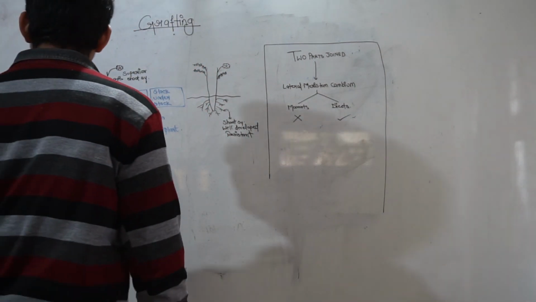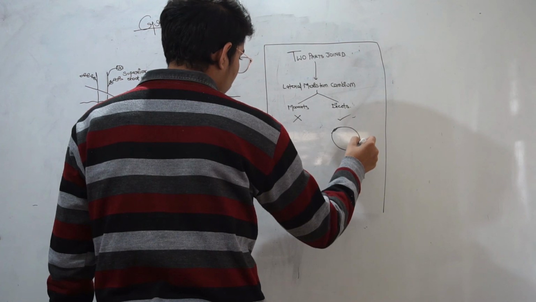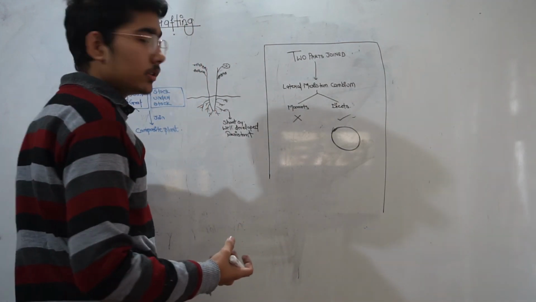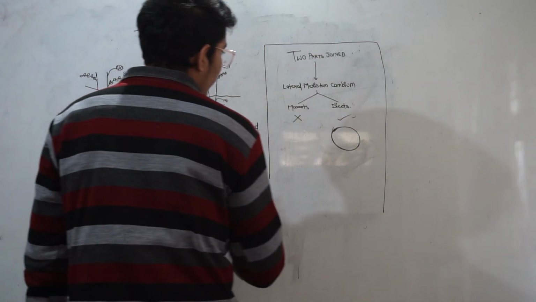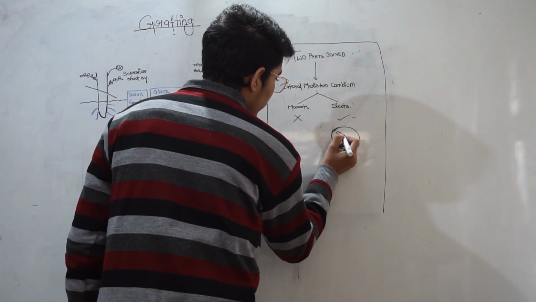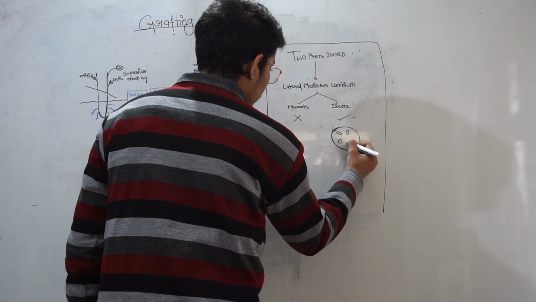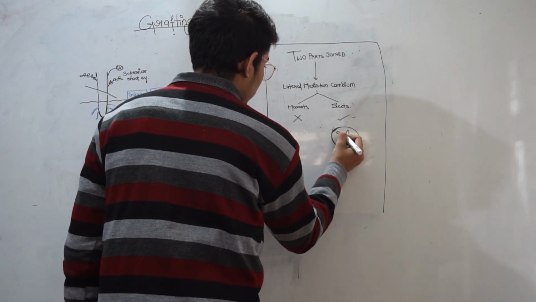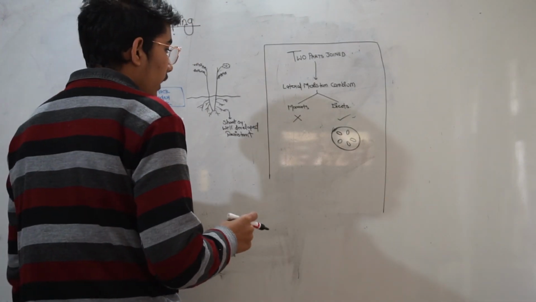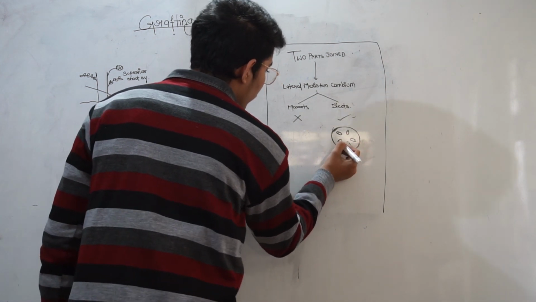Yes. So let's say this is the body. As you know, in the monocots the meristems are scattered, while in the dicots, the meristems are present in a ring, and here there is the presence of cambium shown by dicots.